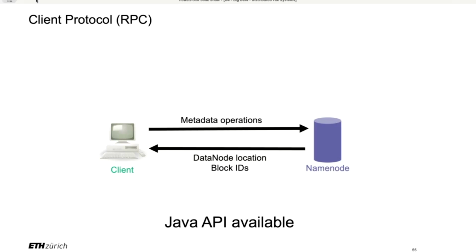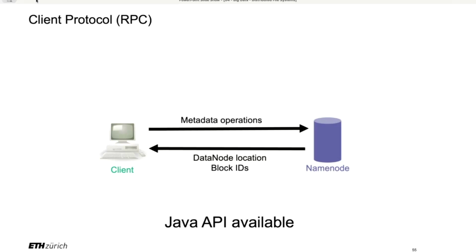And so the client might contact the name node to create a directory, or to delete a directory, or to signal an intent to read a file, or to write a file, or to delete a file, or to change user access rights, and so on. So these are metadata operations.